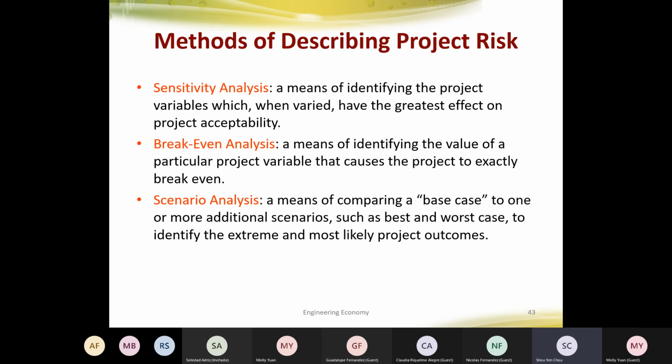So we go through sensitivity analysis to see the impact of the accuracy of the estimation of a certain variable. Or we can say that we want to see the impact of the variability of a certain variable on the overall profit. Okay, that's the sensitivity analysis.